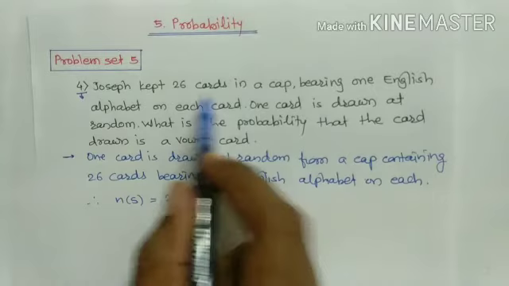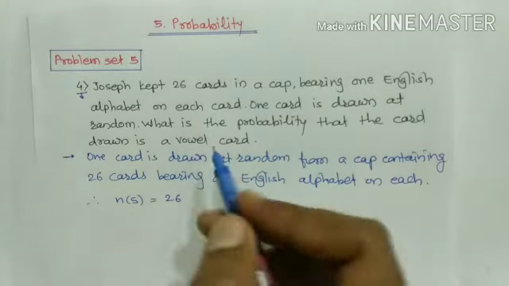Why? Because there are 26 cards and alphabets are also 26.